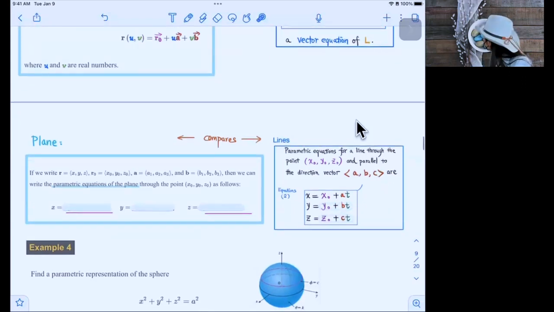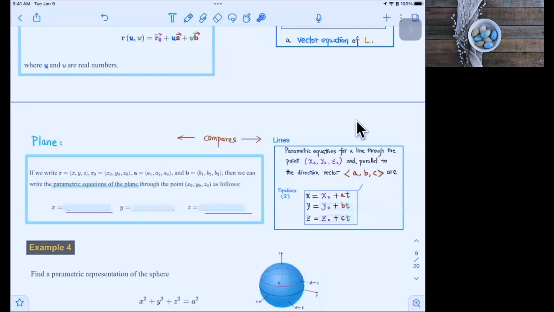Now from here, let's think about this one. That was for the line, right? So what about for the plane? So x equal to what? From here, let's make a connection. That should be x naught plus u times a1 plus v times b1, right?